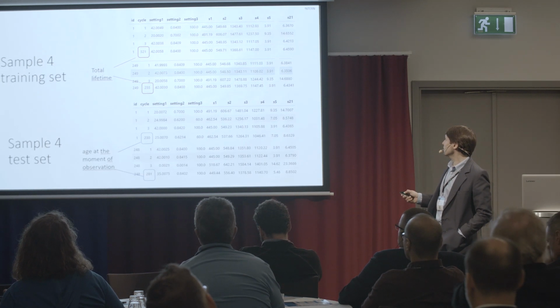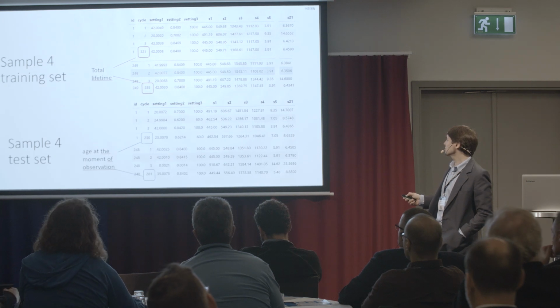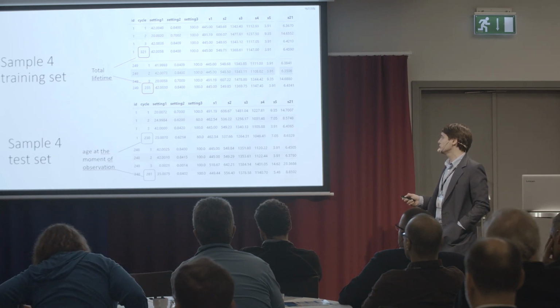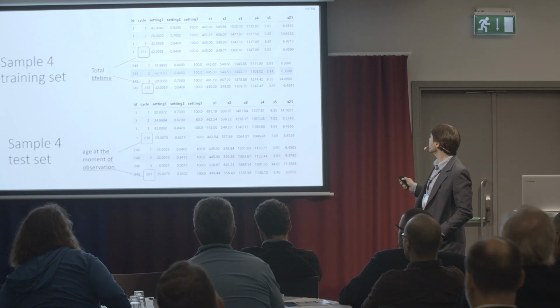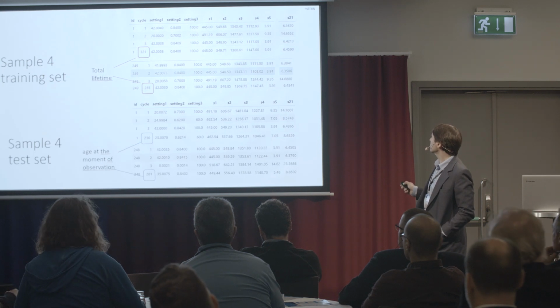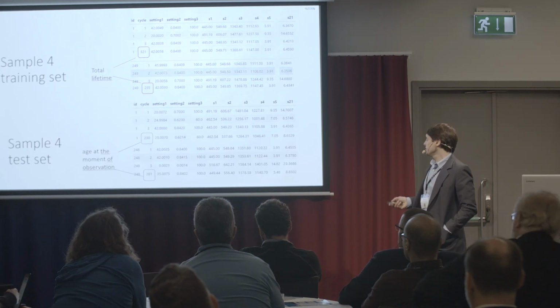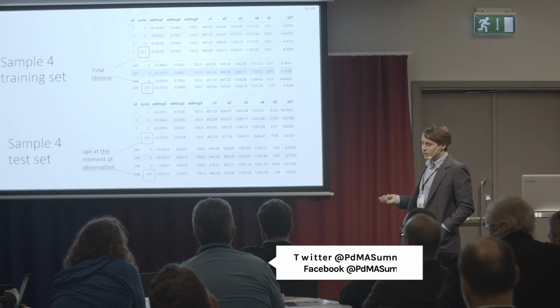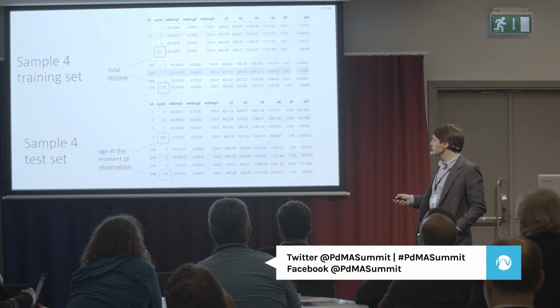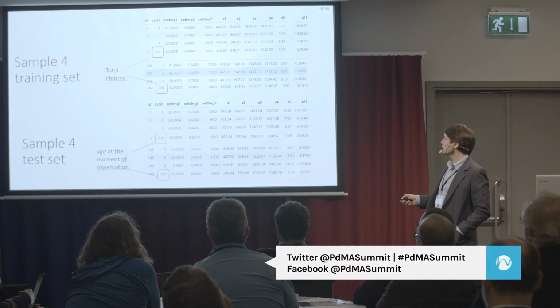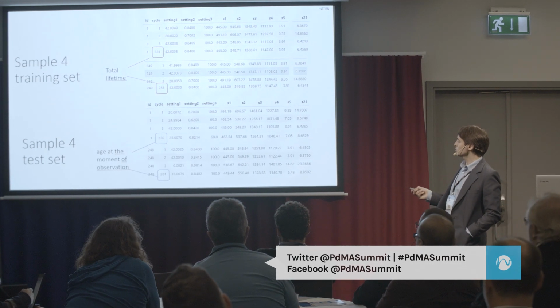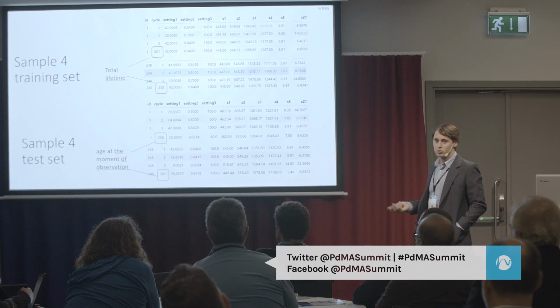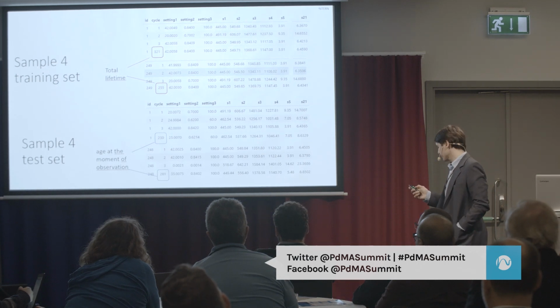So you have the total lifetime for engine 1, 321, and for engine 2, 299, it was 255. With this, you can make a remaining useful lifetime label here. In the test set, of course, you don't have failure times, but you have the age at the moment of the observation. So how long has this survived? And the idea is to predict the remaining useful lifetime for these engines.